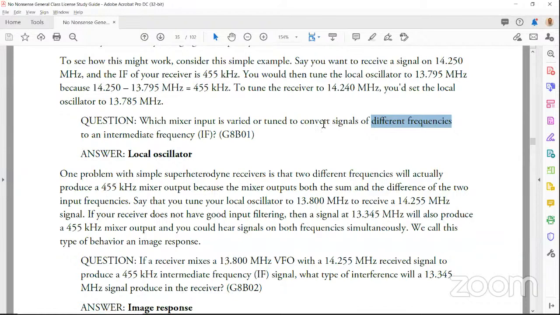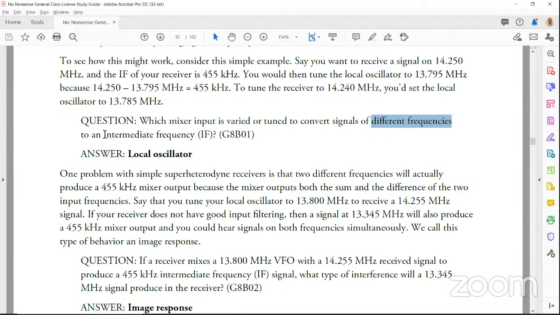So we know one of the mixer inputs is the RF input frequency, and we know the other one is the local oscillator. Again, the previous question also alluded to that when we had diagrams in the previous theory class that show a mixer takes those two inputs, the radio frequency that you're monitoring and the local oscillator frequency.